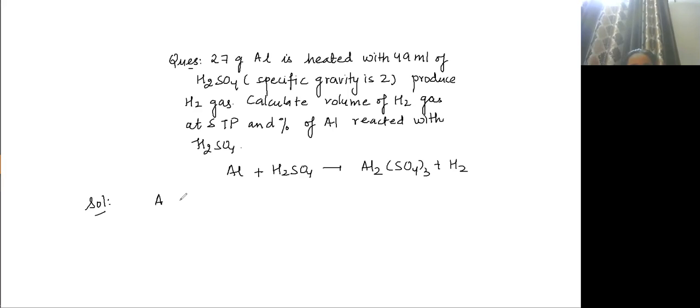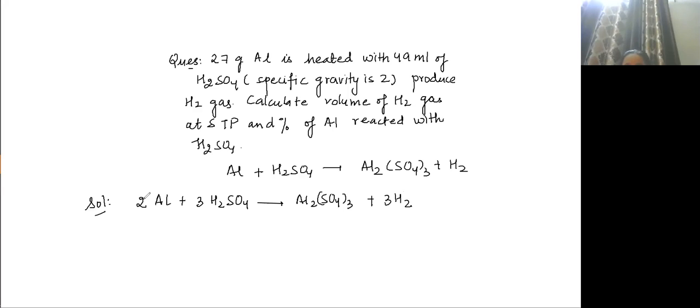First, how will you balance this equation? SO4, so it becomes 3. H2 becomes 3, aluminium becomes twice.